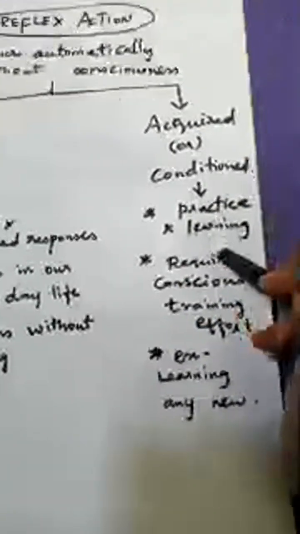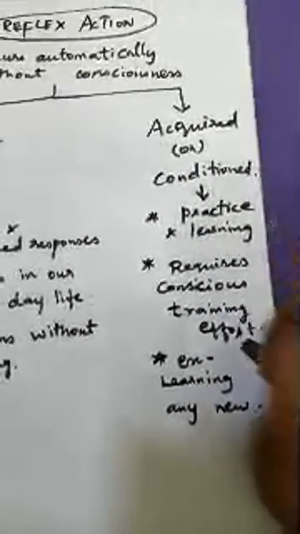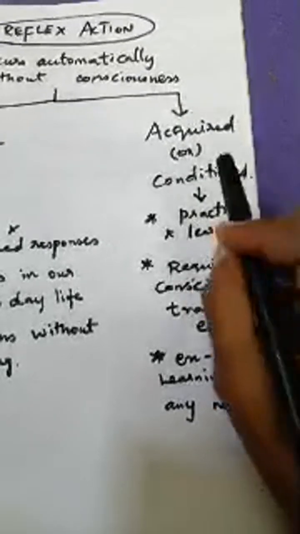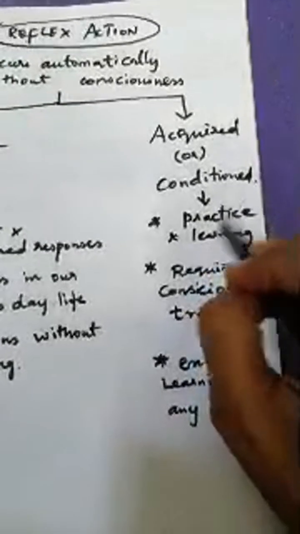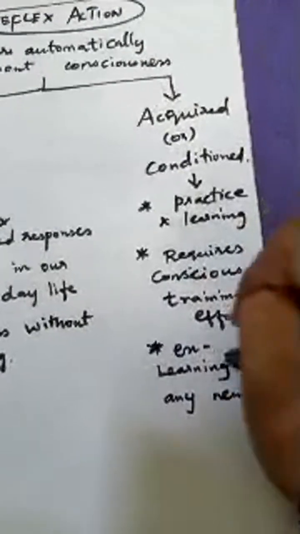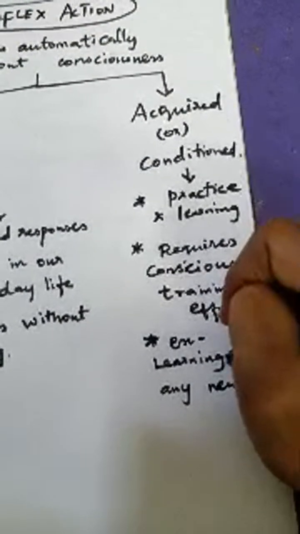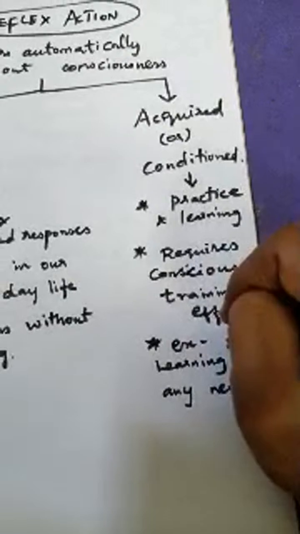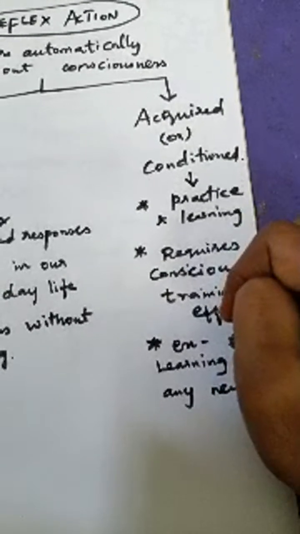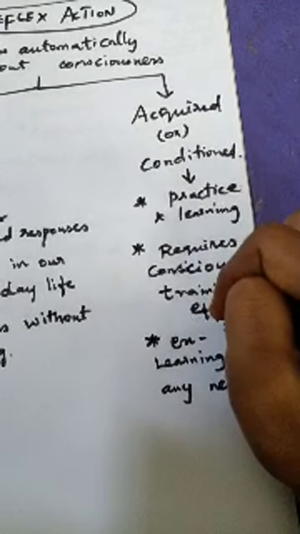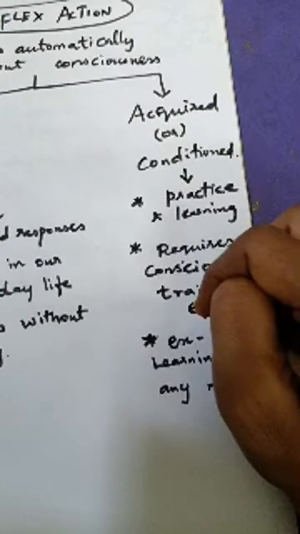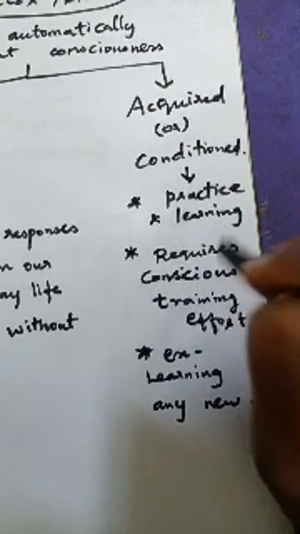A conscious training effort is required for acquired or conditioned reflexes. For any new process you are learning, we need continuous practice and learning. With the learning it happens, and that is known as the acquired or conditioned reflex.